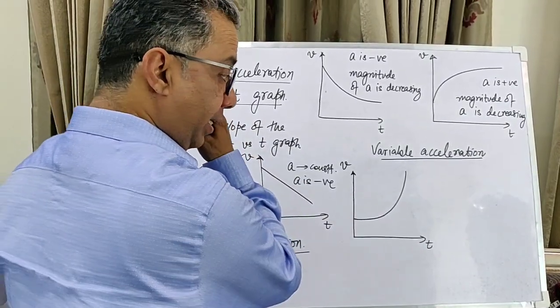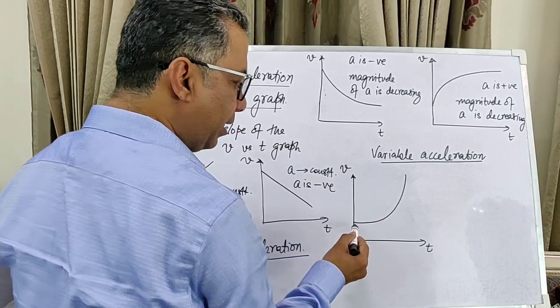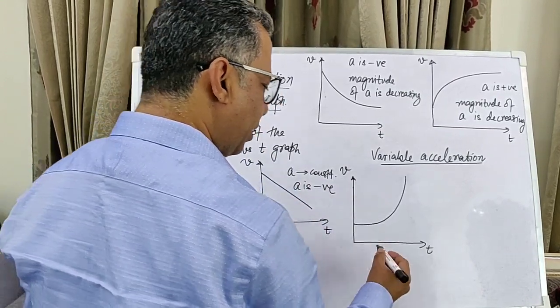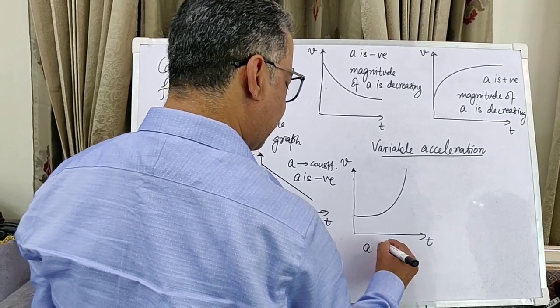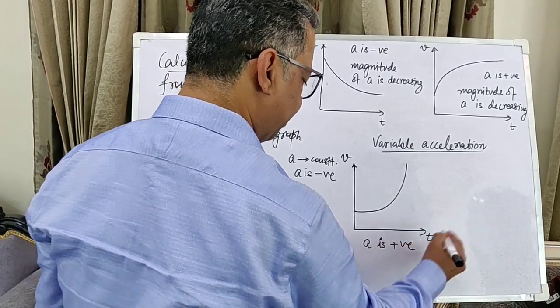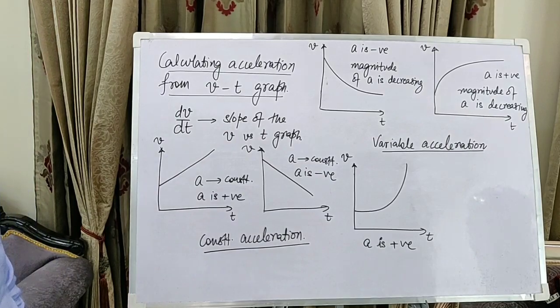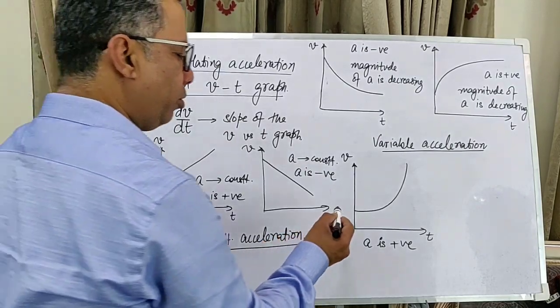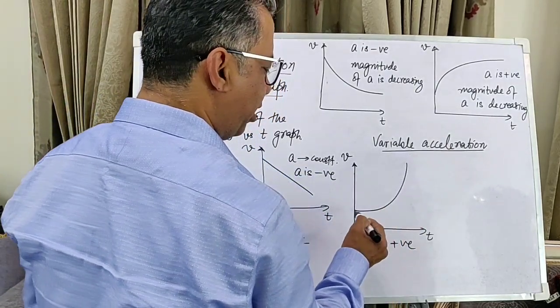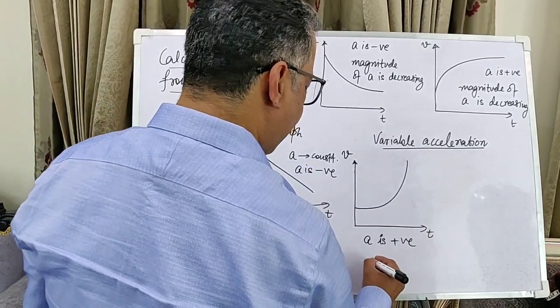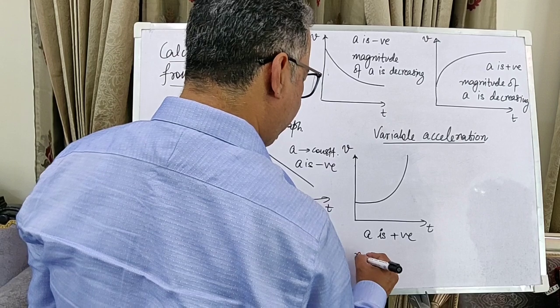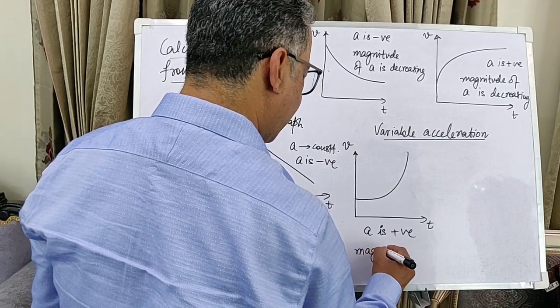But what you notice here is that the graph has a positive slope, and that means A, acceleration is positive. So we have a positive acceleration here. Also you notice the graph gets more and more vertical. So slope is increasing, and therefore magnitude of acceleration is also increasing.